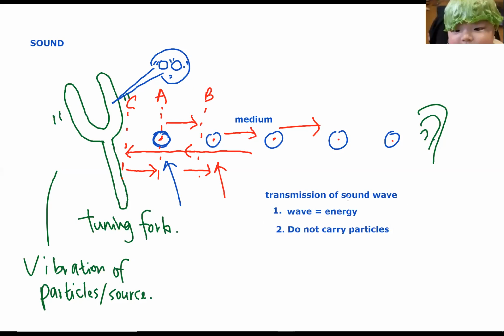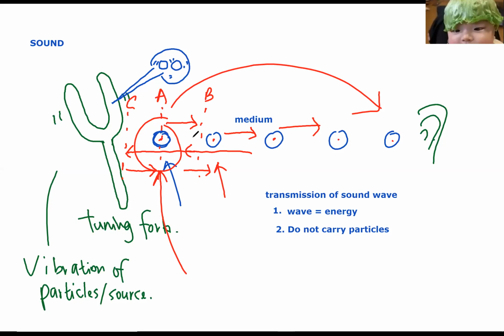Meaning that if you look at the first particle, this one, does it move from its position to the back? No, it stays at the same position, right? It just vibrates. What did I say just now?